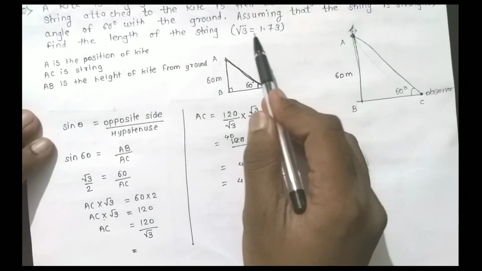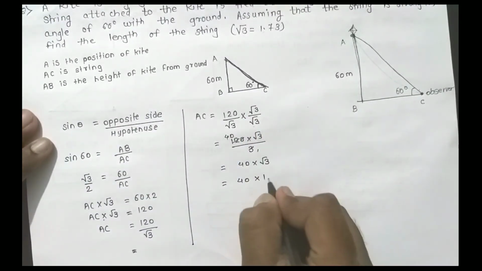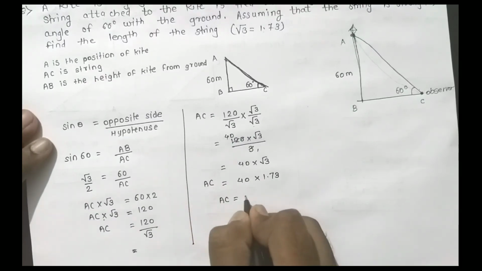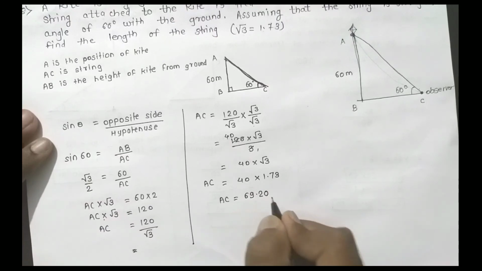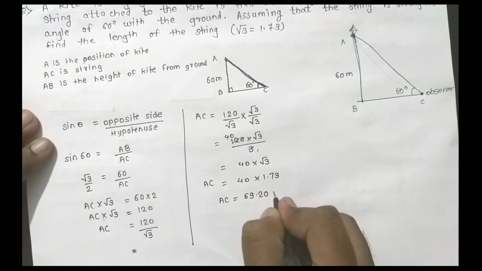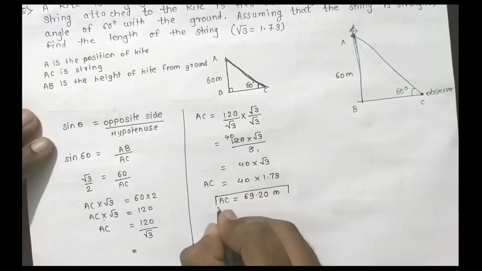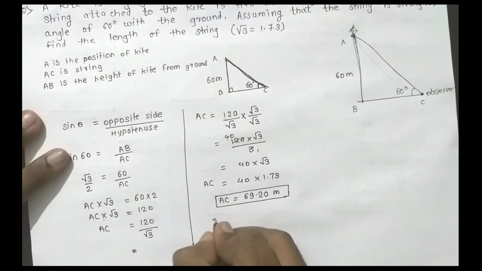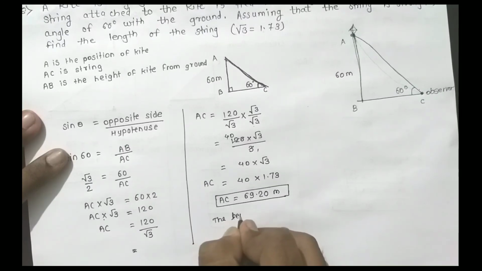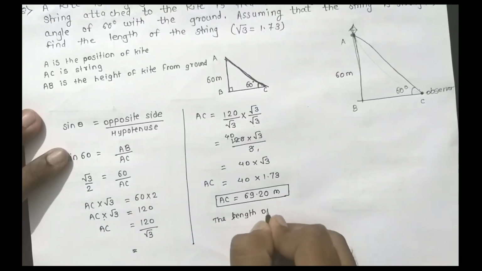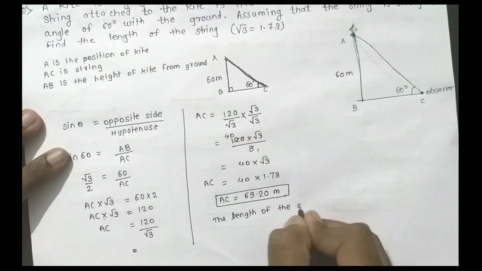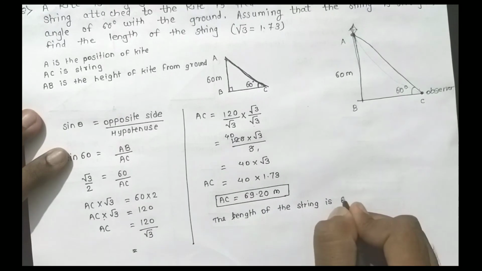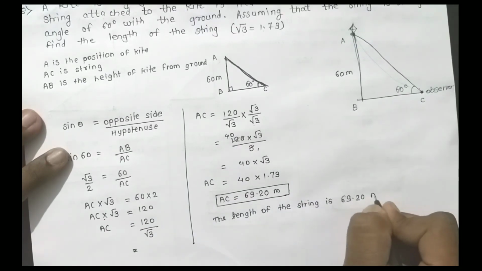We know the value for root 3, that is 1.73. After multiplying, we get the answer 69.20. This is our answer. Then write the statement. The length of the string is 69.20 meter.